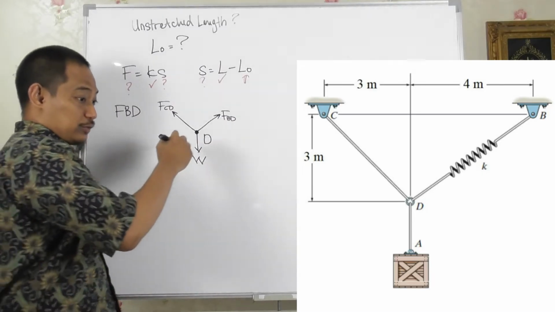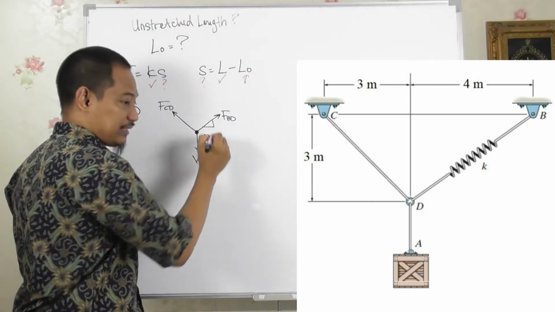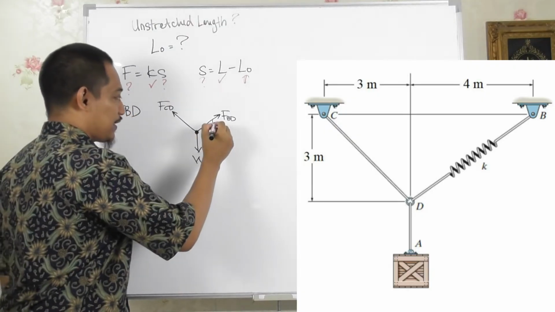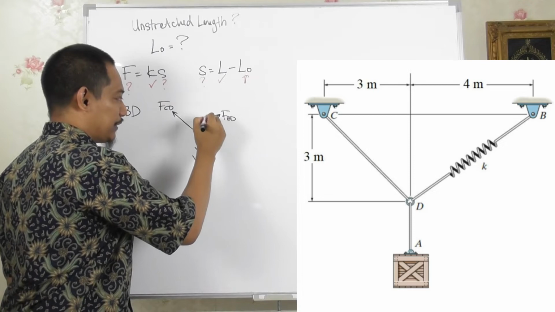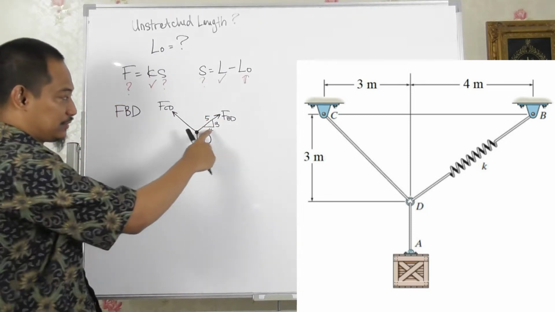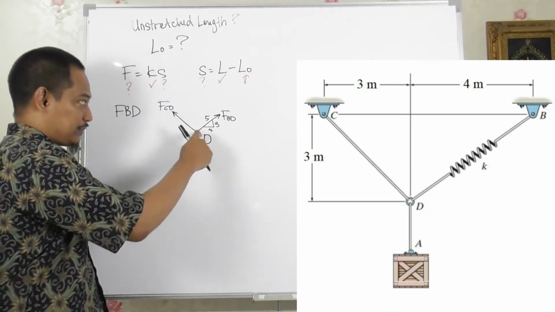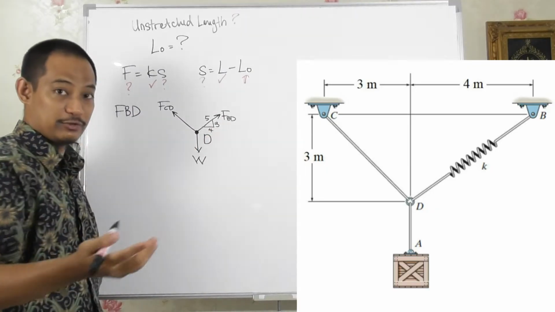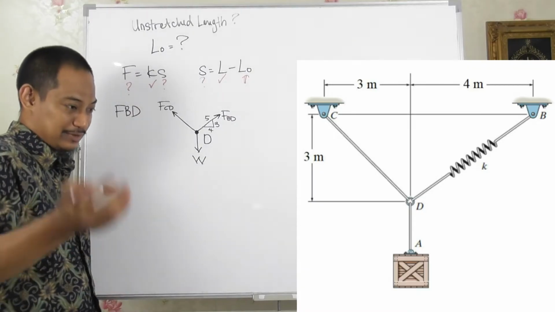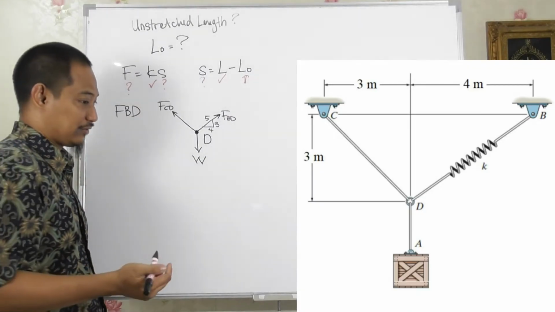Alright, so the angle here we have 3-4-5. Hopefully you know where we get this also, right? This is not drawn in the original diagram, but we know this is 3, 4, so it should be 3-4-5, right? I think by now that ratio we are familiar with already, right?